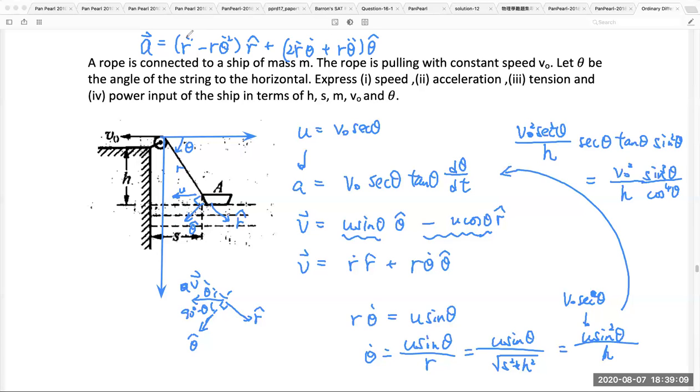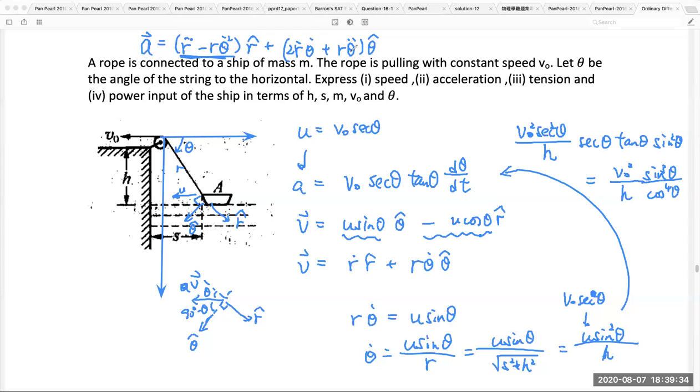So we can use this formula to find the r double dot, because you know the r, you know the theta dot, you know this component. And we can also use this form to find the alpha, theta double dot. You can get all you want actually.